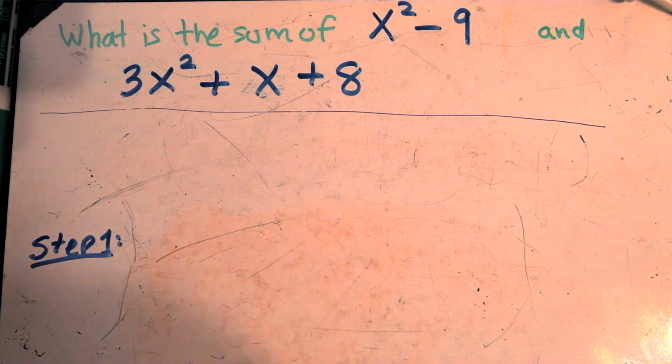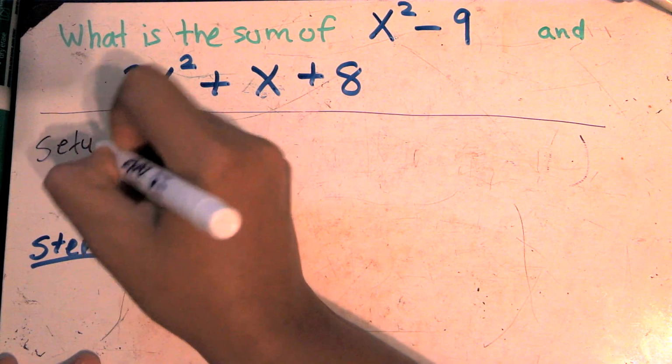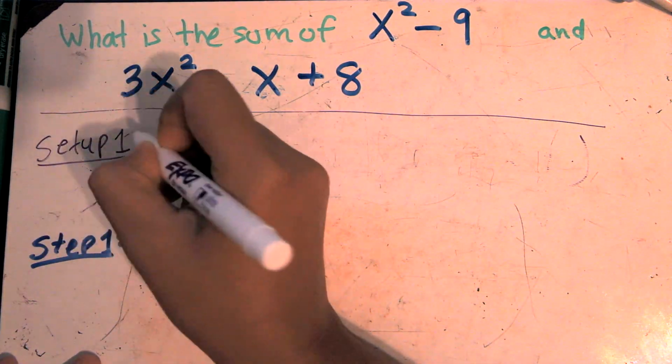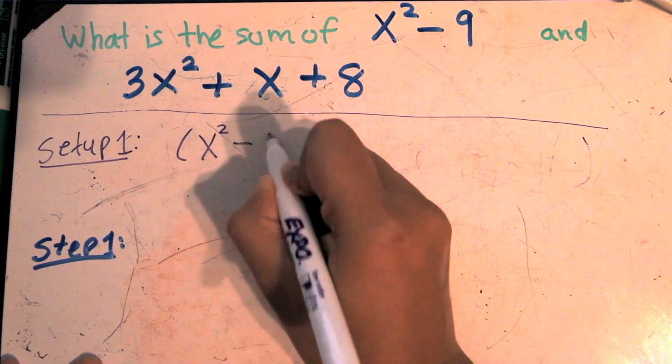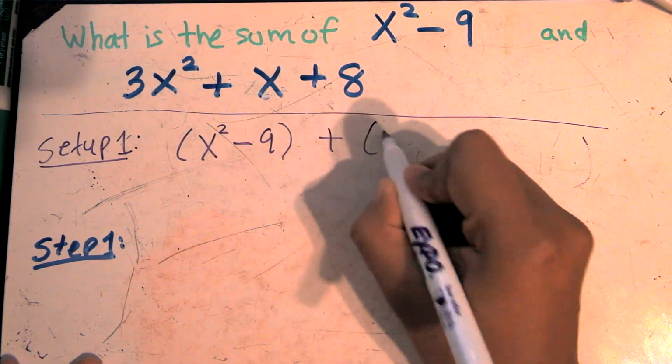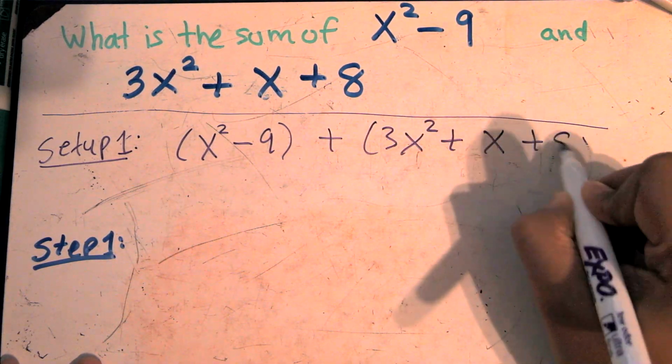So I'm going to start by setting up the problem. The setup, like in the prior problem we just did, we are adding x squared minus 9 plus 3x squared plus x plus 8.